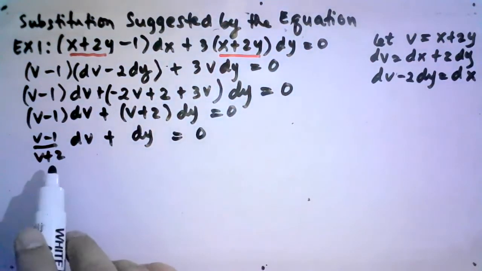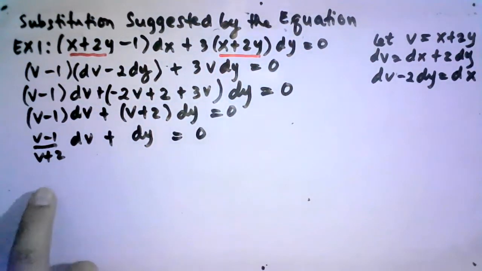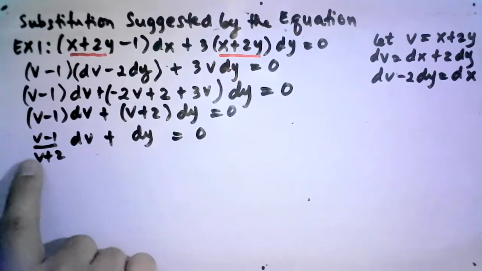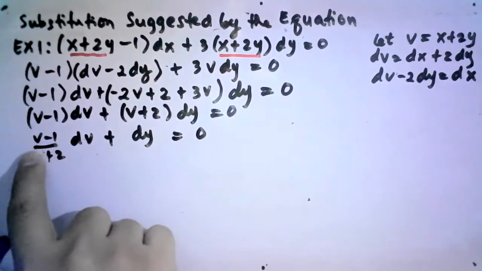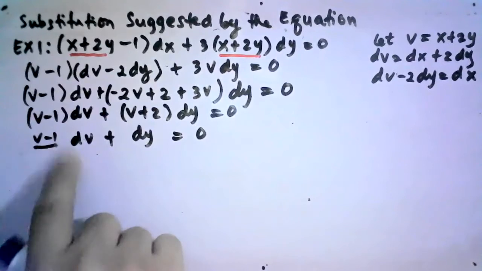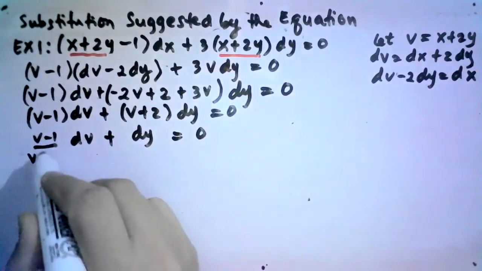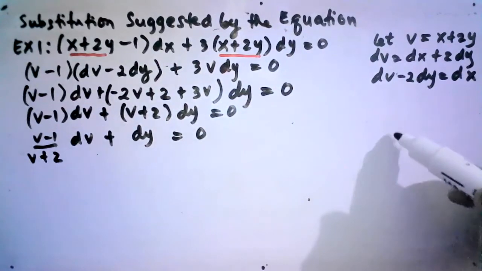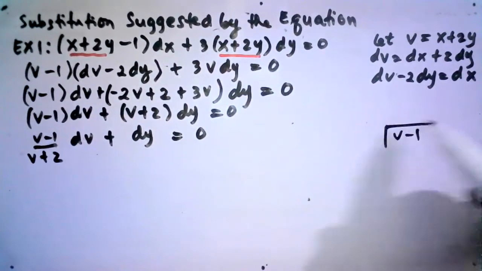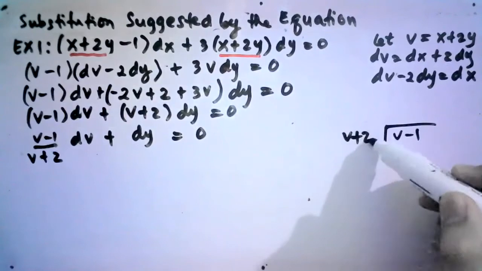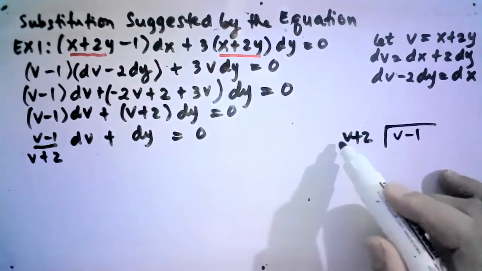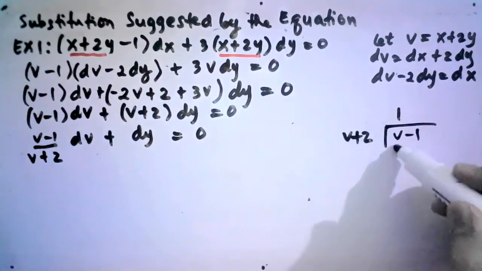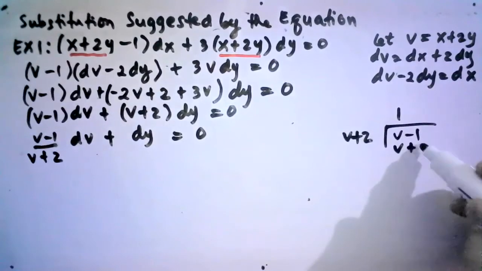Now for this part, we will divide v minus 1 by v plus 2. So v divided by v is 1. 1 times v equals v, and 1 times 2 equals positive 2.